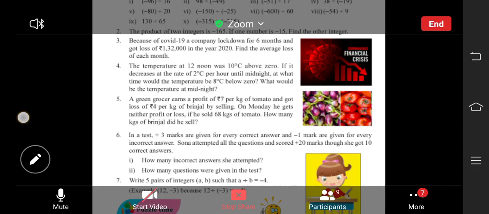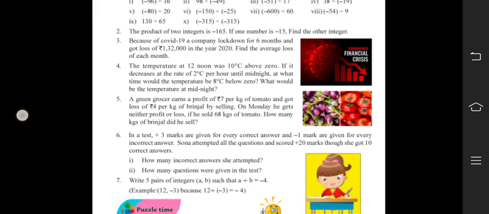At 12 noon, the temperature equal to 10 degrees centigrade above 0.